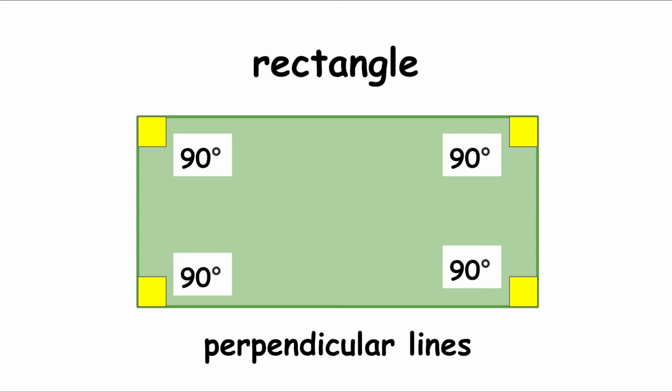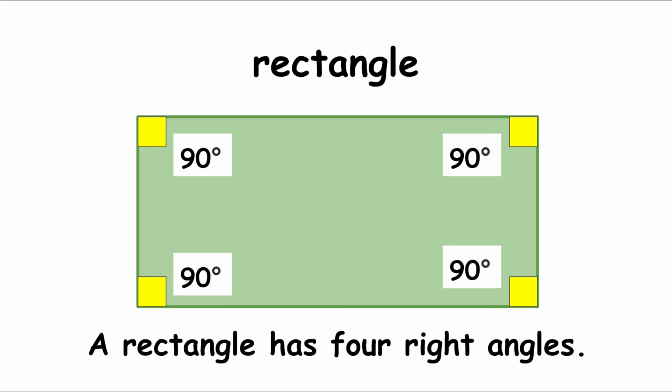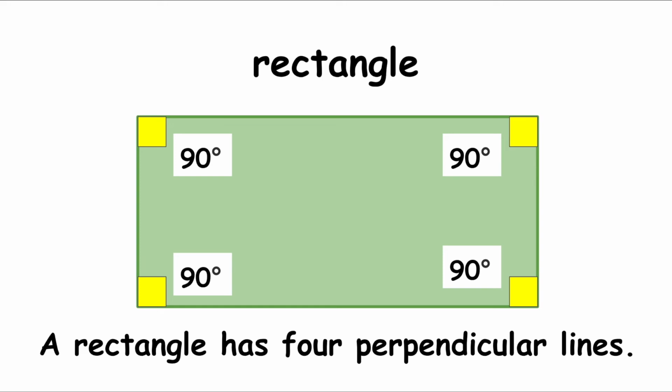Perpendicular lines are 2 lines that touch at 90 degrees, like the rectangle here. So it goes straight across and it goes straight up and down. That is a perpendicular line. So a rectangle has 4 right angles and a rectangle has 4 perpendicular lines.